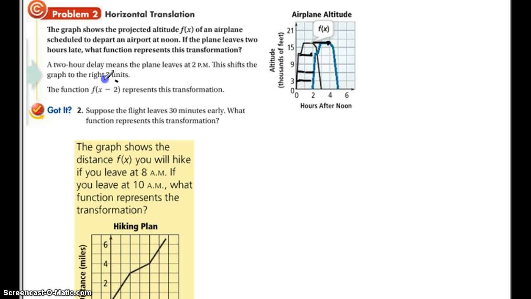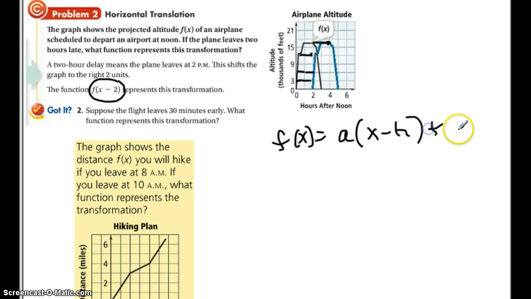Now you're thinking, wait a minute, this says x minus 2. Well, there you have it. This is the idea of your general format for this graph, where the h and k are the horizontal and vertical shifts, and the a again is going to be your stretch or compression.